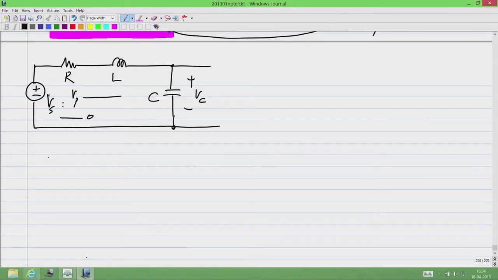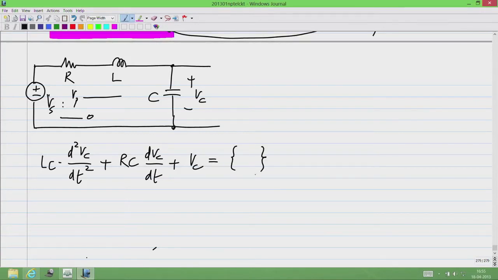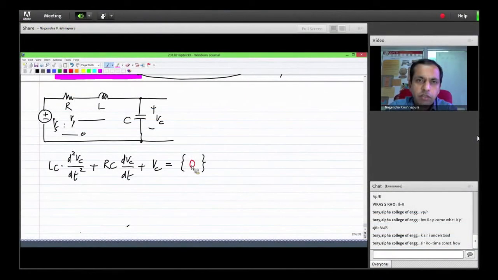So, now the differential equation for this is LC d square Vc by dt square plus RC dVc by dt plus Vc equals something. To find the natural response, I will simply set the right hand side to 0. Okay. Then I will get the form of the natural response. The coefficient of the natural response I will determine from initial conditions.